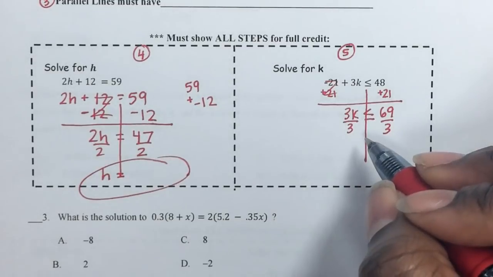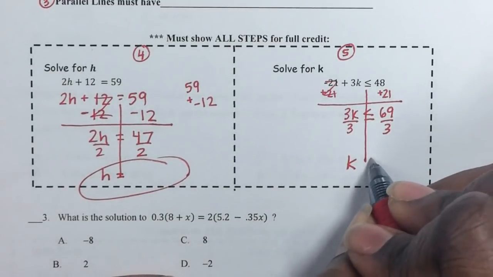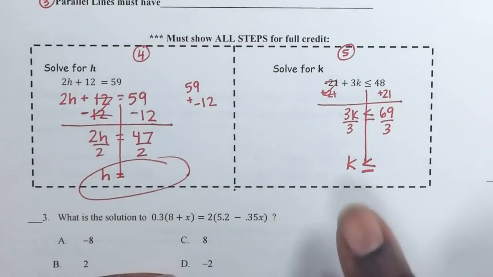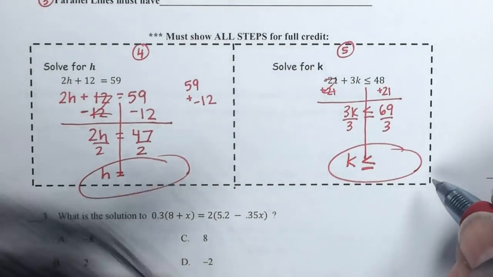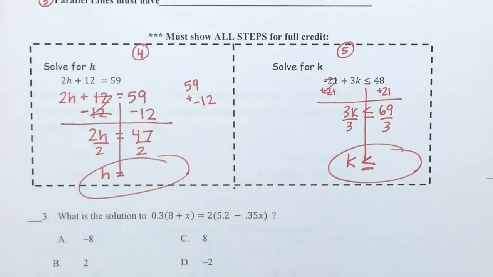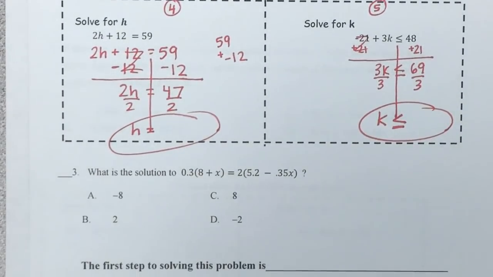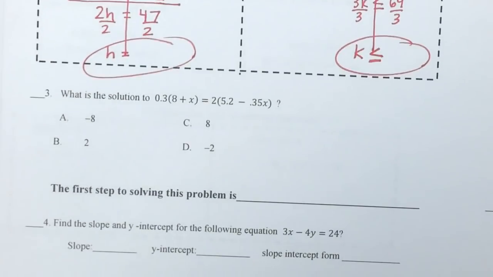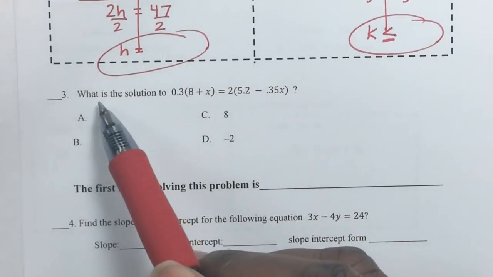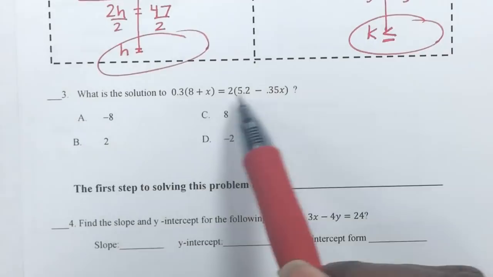We are dividing by a positive 3. 69 divided by 3, k is less than or equal to 23. Fill in your blank. If you need to pause the video, you can always pause it. Do all that.